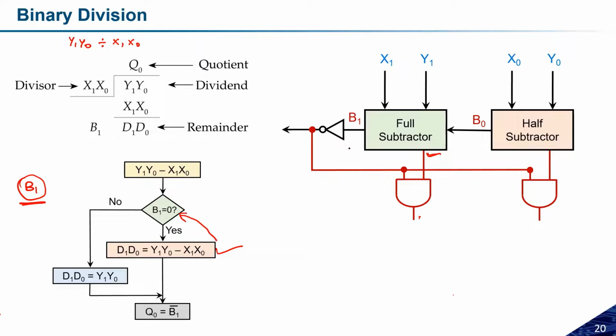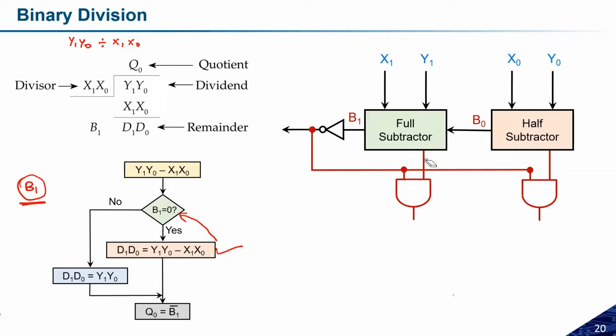To make this logic pass, I need to complement b1. Here b1 was 0, so b1 complement will become 1, and that will activate this particular thing, and accordingly whatever the difference was there will be passed at this stage. So b1 equal to 0 will decide that this difference will be passed at this point.